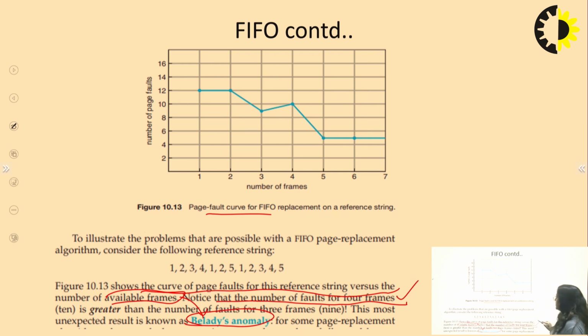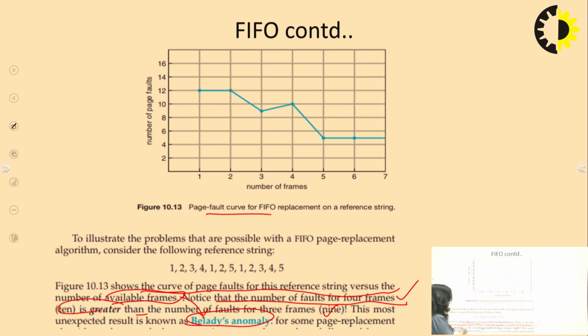Meaning frame number here, in the last condition we had frame number 3, but now the frame number is 4, greater than the last condition. The number of page faults for 3 frames is 9, and the most unexpected result is known. So according to this, when you increase your frame number, also find out what happens to page faults also.